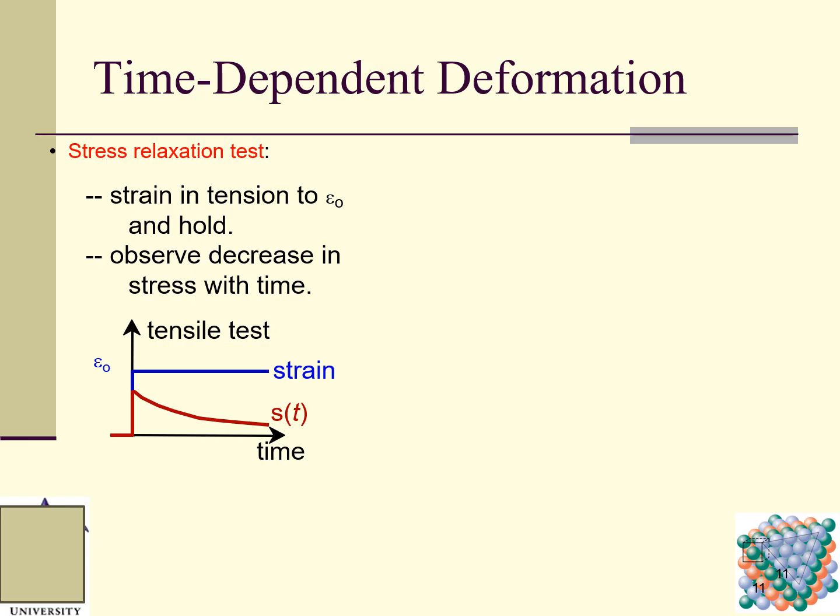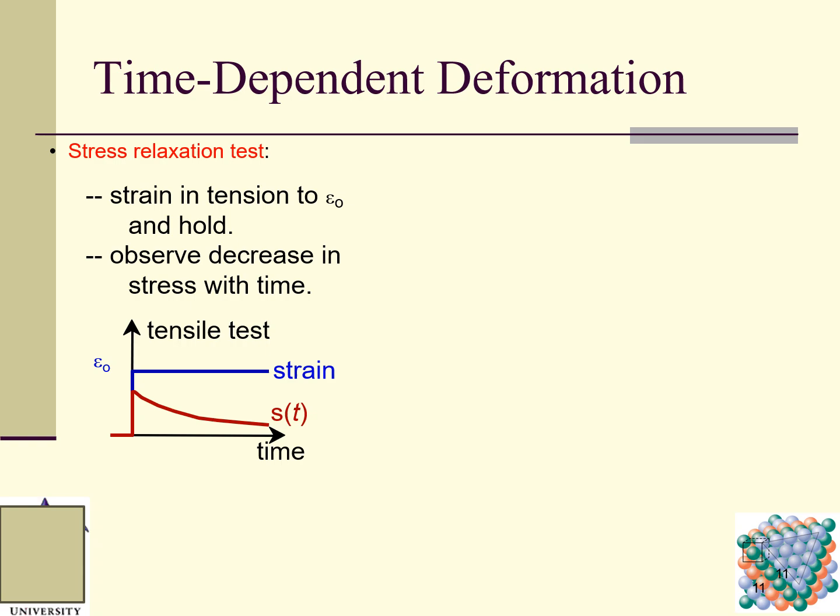Next, time-dependent deformation. In the stress relaxation test, we strain in tension to epsilon 0 and hold, and we can observe a decrease in stress with time. So this is called the stress relaxation test.